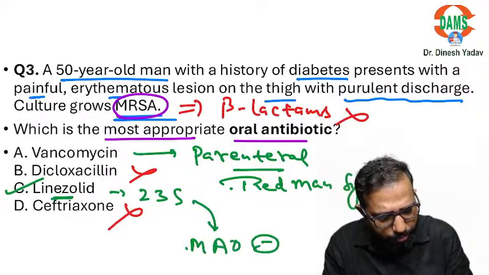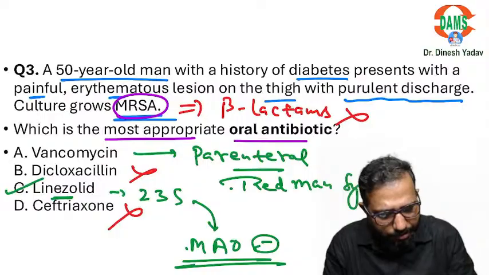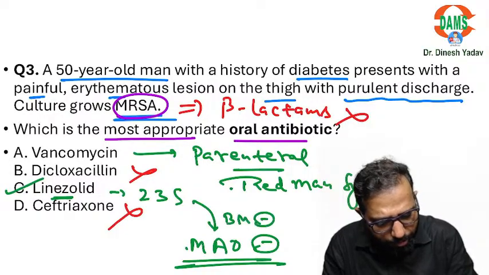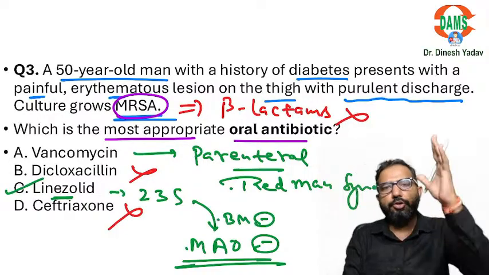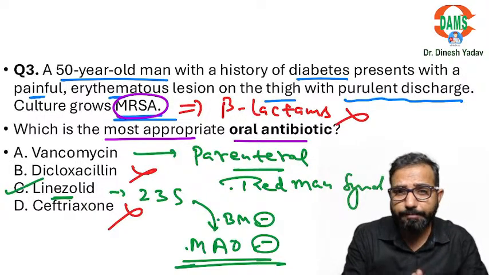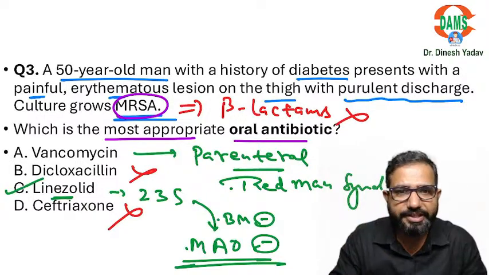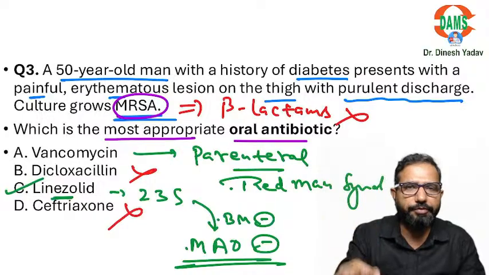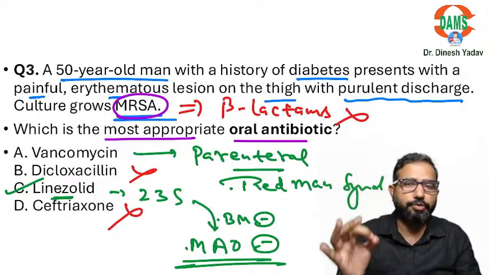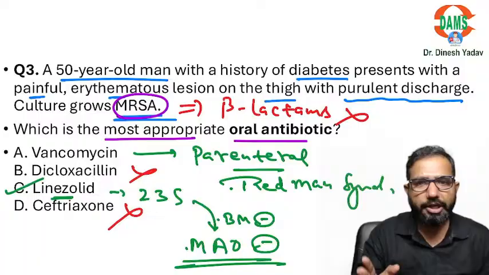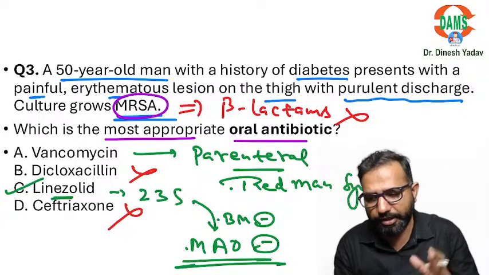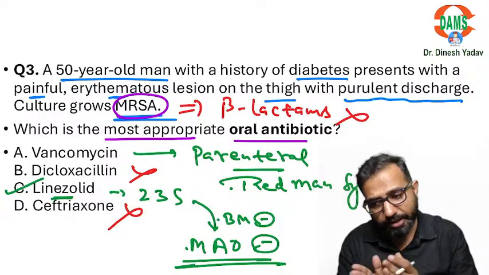Even though mainly it is causing bone marrow suppression, don't forget the MAO inhibition. Because of MAO inhibition, you will see cheese reactions and serotonin syndrome. So the name of the drug is linezolid. That is an oral drug.